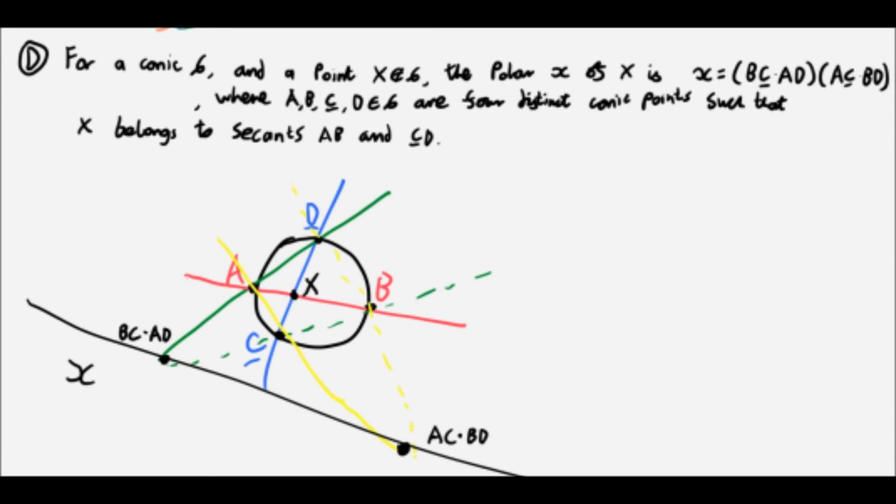Okay, and a useful, closely related result to this, probably the most useful result actually, in some sense, that we're going to talk about in this lecture, allows us to find the polar of any given point. So let's say we have a point capital X, and we want to construct its polar. Now, I've already told you how to do this if we have this special case where capital X is an exterior point of a circle. But what about more generally?